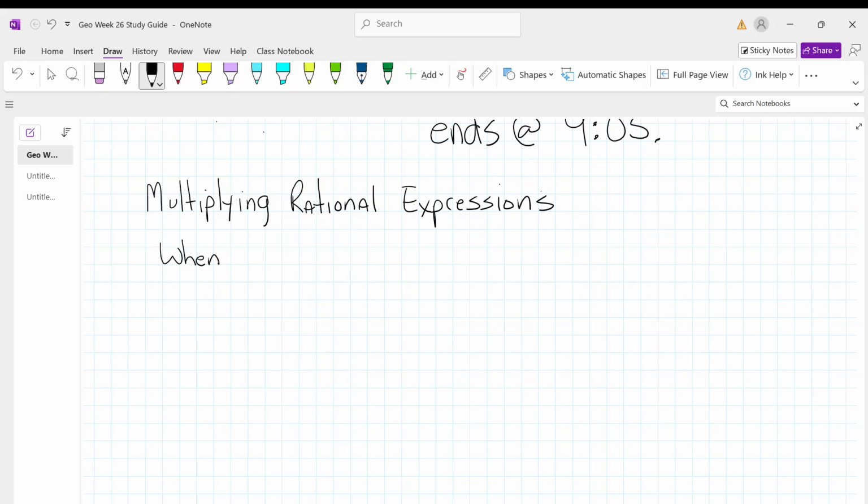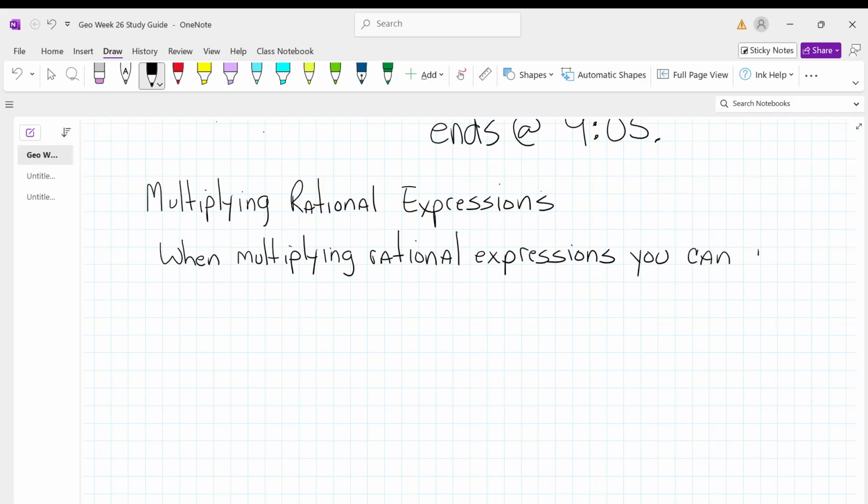And we're going to say that when multiplying rational expressions, you can cancel vertically and diagonally. All right, and cancel slash simplify.